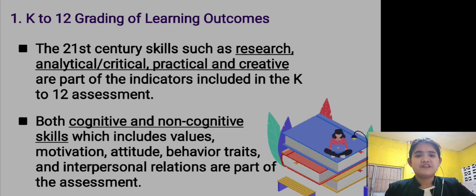The 21st century skills such as research, analytical or critical, practical, and creative are part of the indicators included in K to 12 assessment. Both cognitive and non-cognitive skills, which include values, motivation, attitude, behavior, traits, and interpersonal relations, are part of the assessment.